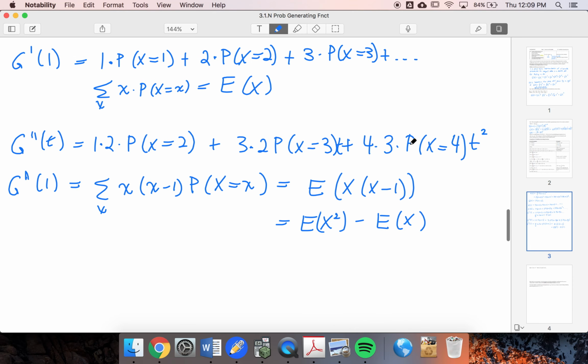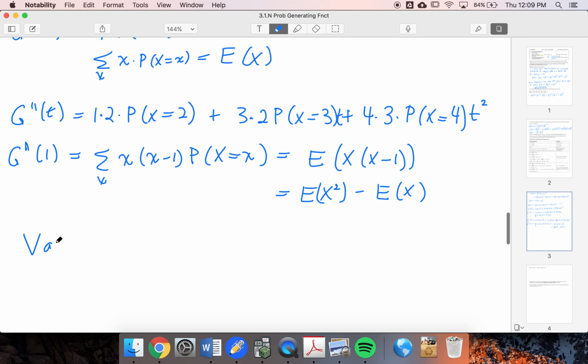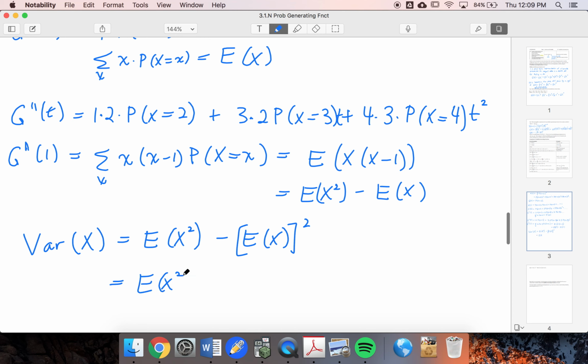So that means if I'm thinking about my variance, well, I know that the variance of X is E of X squared minus E of X quantity squared. Well, that's the same as E of X squared minus E of X plus E of X. So I'm looking at this thinking, how can I make that happen here?